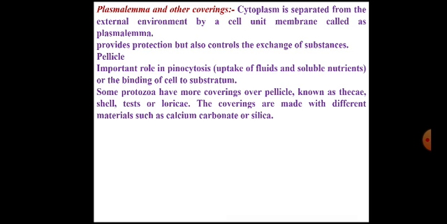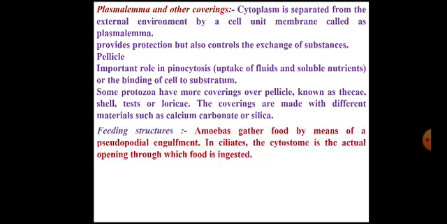The feeding structures present in protozoa, say for example, amoeba. Amoeba gather food by means of pseudopodial engulfment. So it entraps and engulfs the food particles with the help of an extension of the cell membrane called pseudopodia.